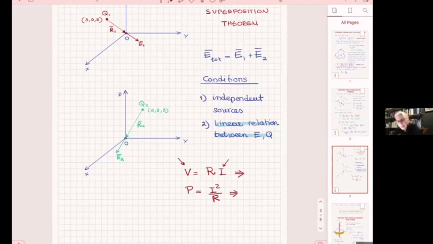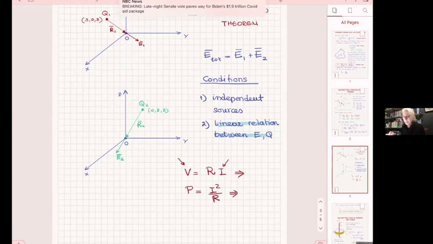Do you remember that? Or at least if you have not heard this before in that context, please remember it now. A lot of students, even graduate students, make this mistake. You can only superimpose voltages. You can only superimpose fields, but you cannot superimpose their powers, all right? Because that violates the linear relation condition.